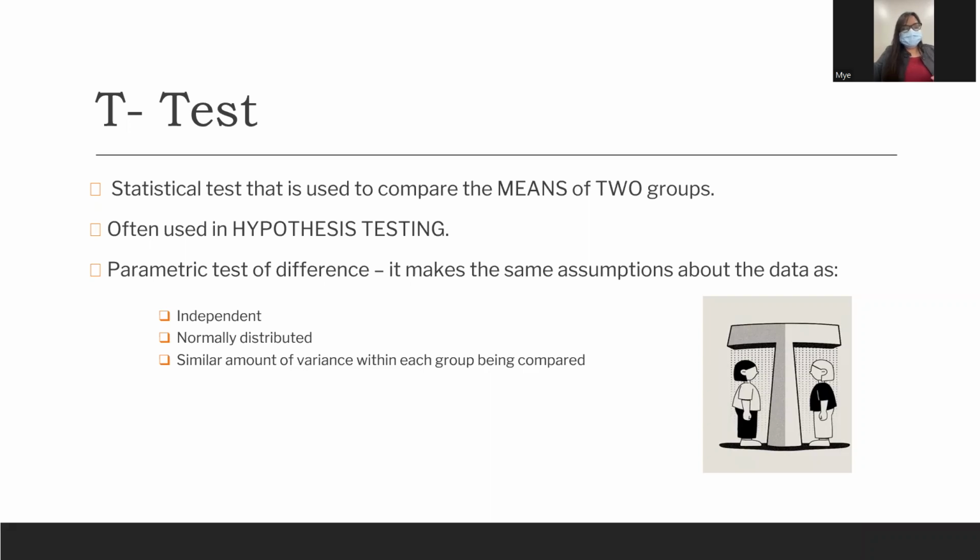The t-test is a statistical test that is used to compare the means of two groups. This is for the significant difference between two groups and how they are related. The t-test is also one of the different types of statistical testing used for hypothesis testing. This is a more conservative approach and more suited to smaller groups of data.